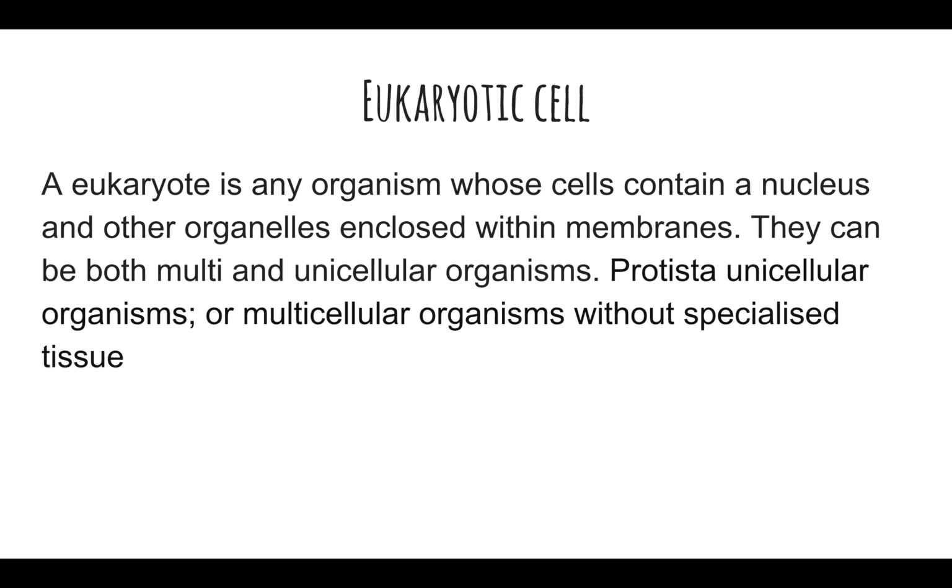Also, their organelles, everything within the cell, is enclosed within a membrane, so it's not just floating around the cytoplasm. And eukaryotic cells can be both multicellular and unicellular organisms. An example would be a protista, which is a unicellular organism, or multicellular organism without specialized tissue.